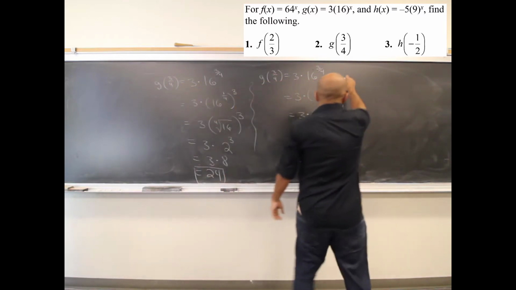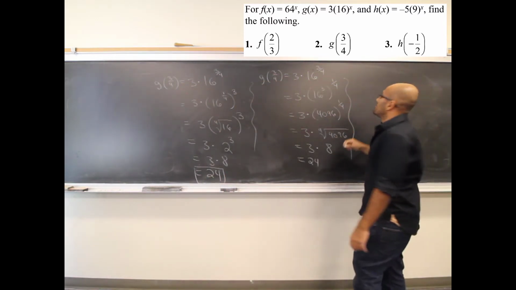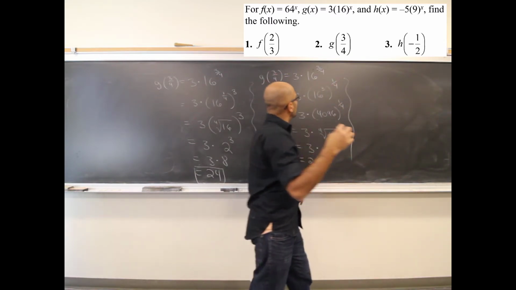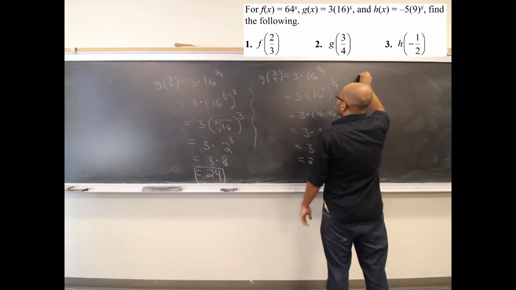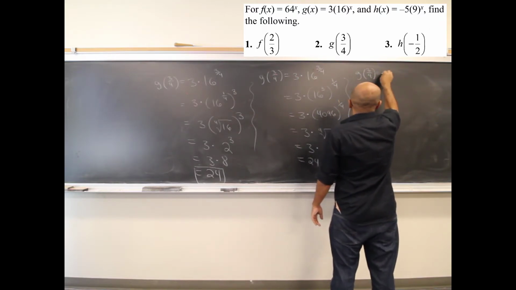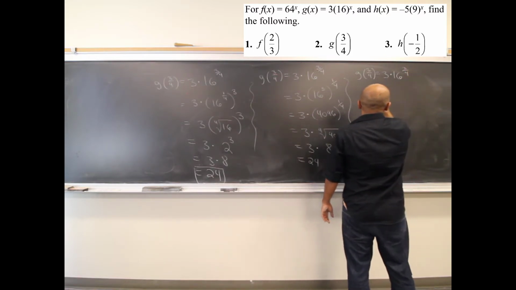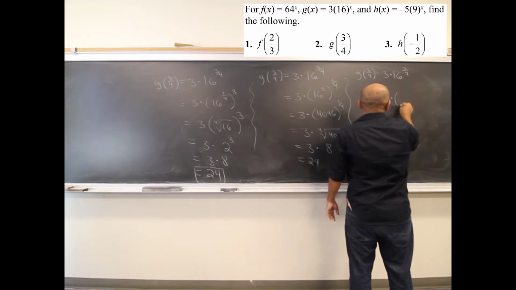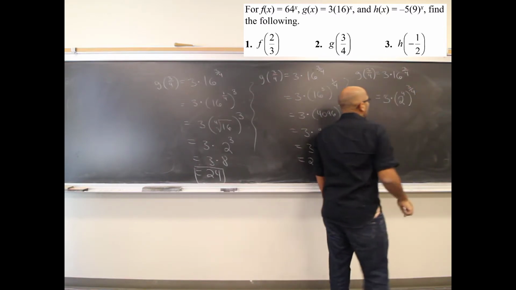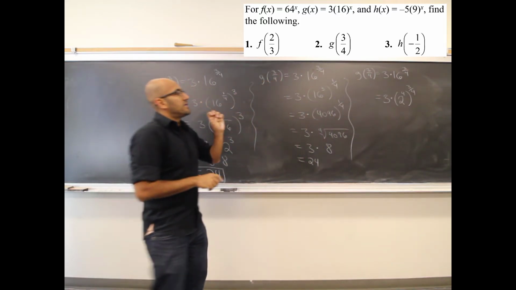Or yet another one, last one here. How about if I again find the prime factorization of 16? 16 is 2 times 2 times 2 times 2, 4 times, right? So 2 to the 4th power is 16. So I can rewrite this one, G of 3/4 equals 3 times 16 to the 3/4 power, as 3 times 2 to the 4th power raised to the 3/4 power, because 2 times 2 times 2 times 2 is 16.